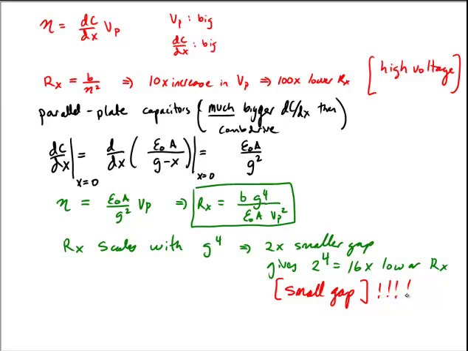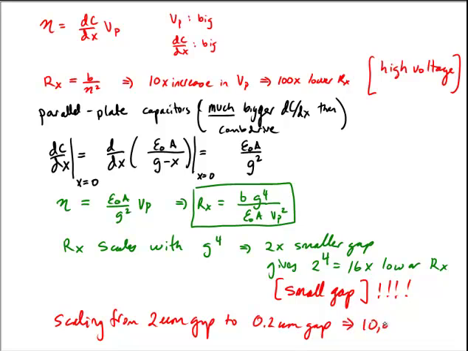So going from a 2 micron gap to a 0.2 micron gap will give you 10 to the fourth, 10,000 times lower Rx. Wow! So you should use small gaps.